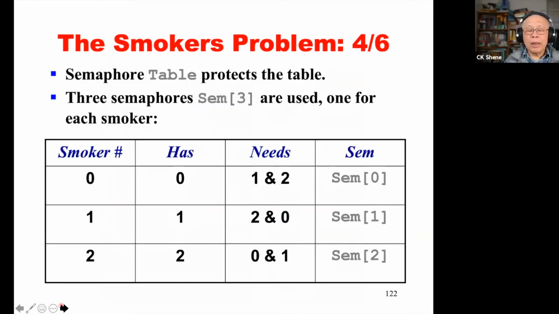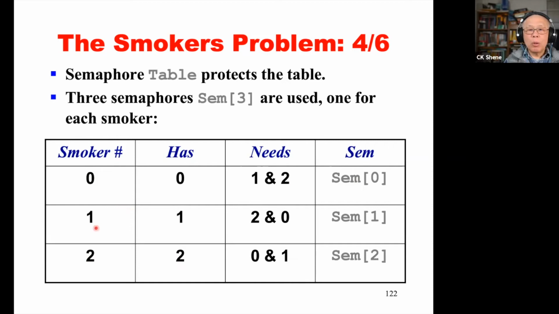So let's say we name the smokers smoker 0, smoker 1, and smoker 2. Smoker 0 has ingredient 0, smoker 1 has ingredient 1, and smoker 2 has ingredient 2. So smoker 0 has 0 and needs 1 and 2, so we define semaphore 0 for the needed ingredients 1 and 2.